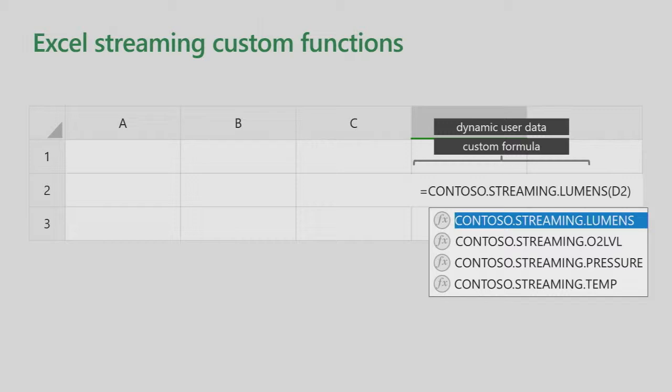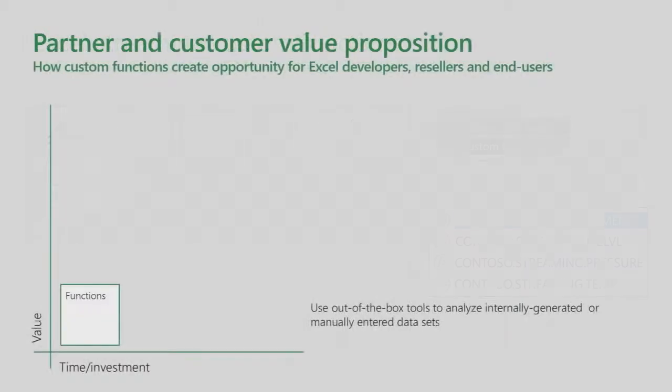The streaming function idea allows you to create functions that not only incorporate your own IP, but can also incorporate data from outside of Excel. So you can start streaming data from sources external to the program into a cell within Excel. What this really does, if I can articulate it as a way of building value, is to say that out-of-the-box tools are out of the box, right? They're just what you get.